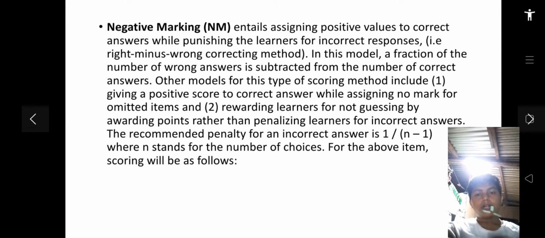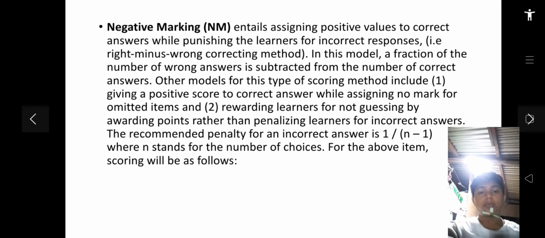Other examples of this type of scoring approach include rewarding students for not guessing by granting points rather than punishing students for incorrect responses, and also allocating no mark for omitted items while awarding a positive score for the correct answer.